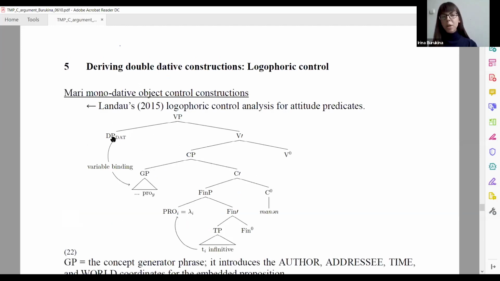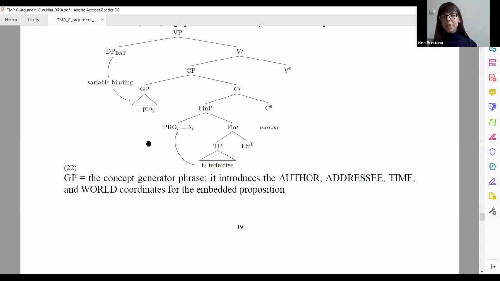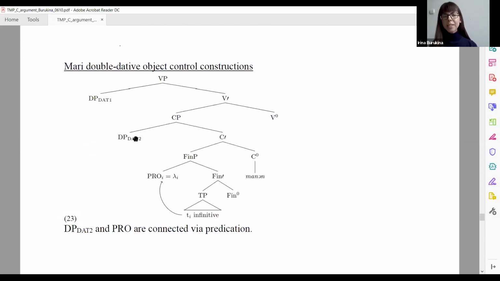So when we have one dative, we have no argument projected in spec CP, and we have this discourse coordinate introduced covertly. When we have two dative DPs, we have the second dative DP introduced in the spec CP, replacing this discourse coordinate essentially.